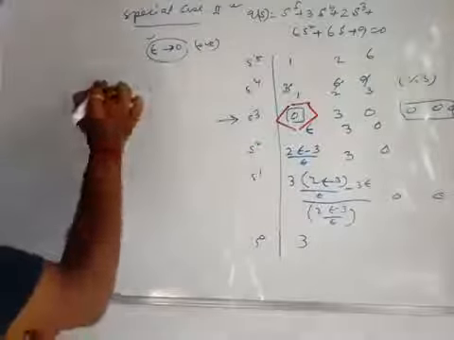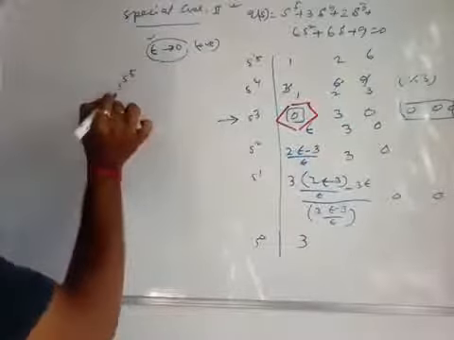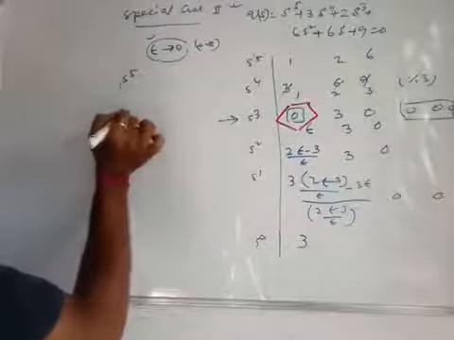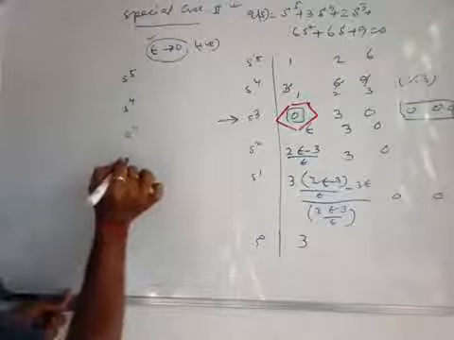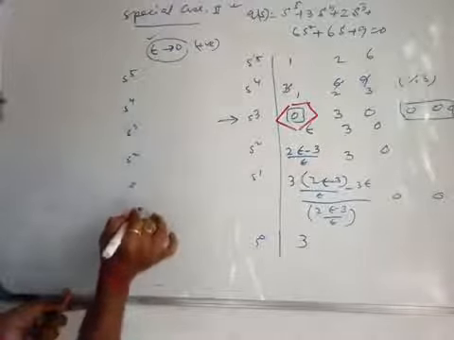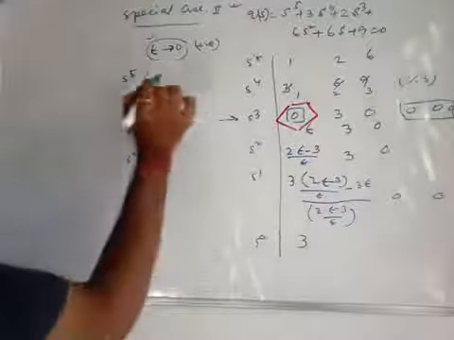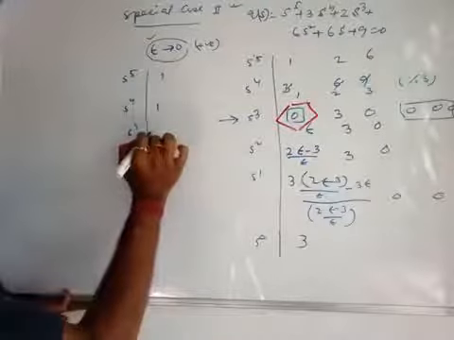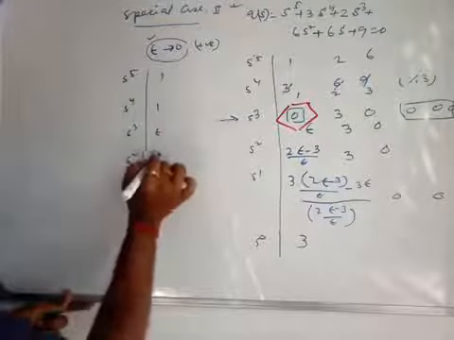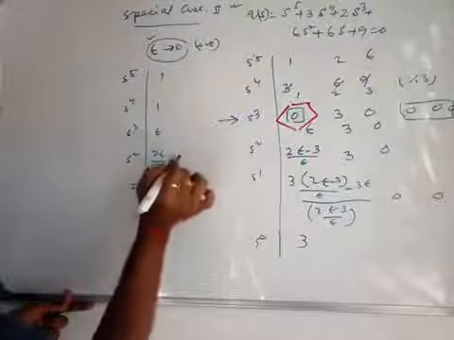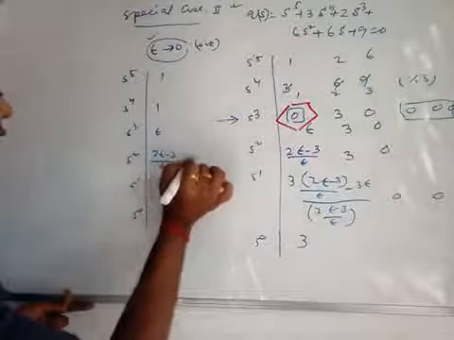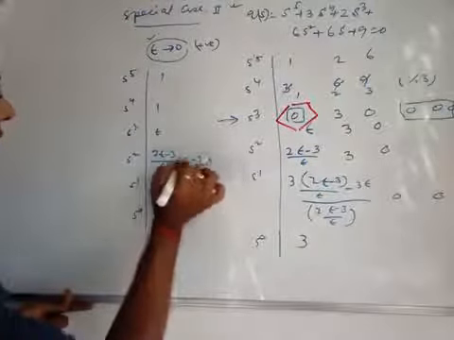So the first column of the Routh array is simplified like this. What we are getting: this is 1, this is 1, this is epsilon, this is 2 epsilon minus 3 by epsilon, that means we can write it as 2 minus 3 by epsilon, right?